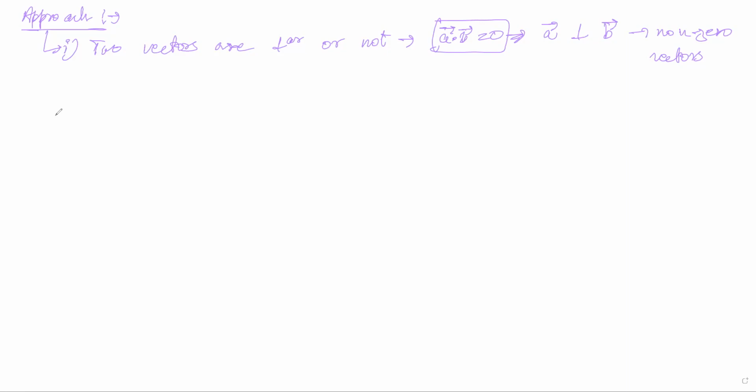Okay, let's solve question number 11. Show that this. So you have to tell me how to show it. There are two different vectors given.